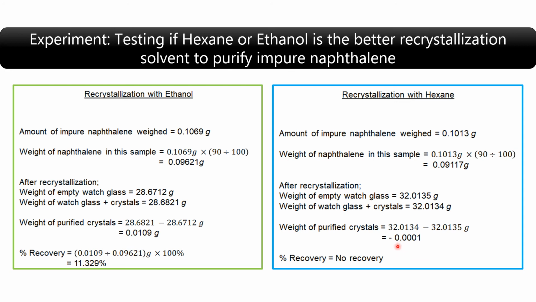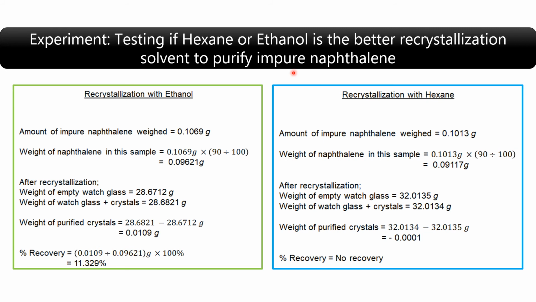That means if we compare how ethanol did versus how hexane did in this recrystallization experiment, it looks like ethanol did much better. And it makes sense because ethanol is intermediate polar versus naphthalene, which is nonpolar, so they don't mix with each other readily.